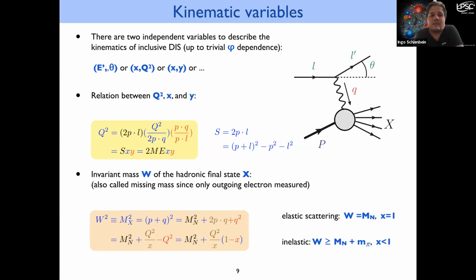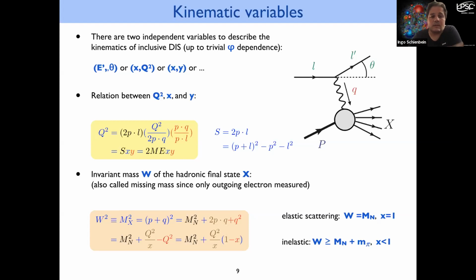This also implies that Q squared, x and y are not independent. So there is this important relation, that Q squared is s times x times y, in the yellow box, where s is essentially the center of mass energy squared of the process, modulo the masses of the nucleon and the lepton.